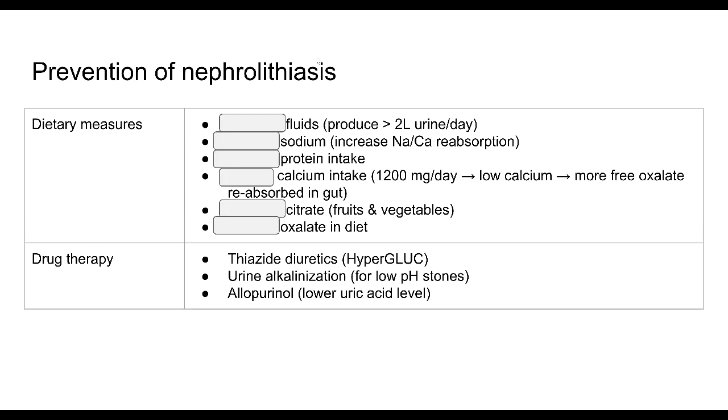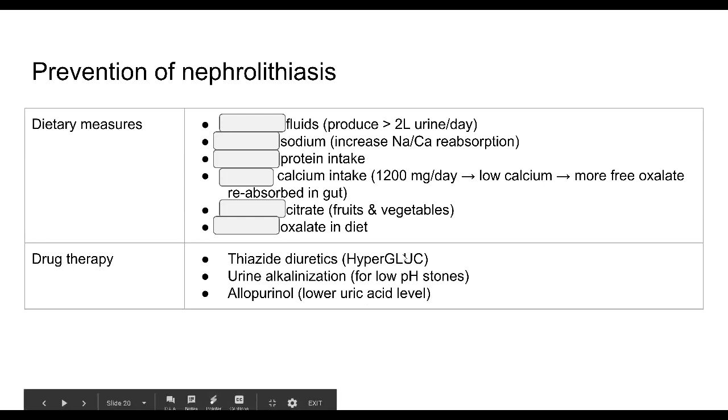Remember, in the urine you don't want a high level of calcium. You don't want a high level of oxalate, right? But you don't want a low level of citrate. Yes, citrate. So okay, increase. Yeah, increase. Exactly. All right, same thing, oxalate in diet. So you want to lower the oxalate in diet, right? Okay. Yeah.